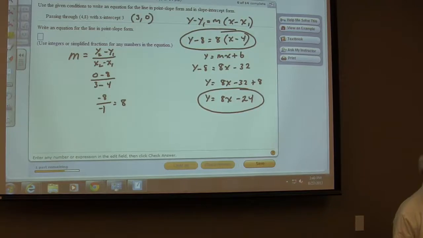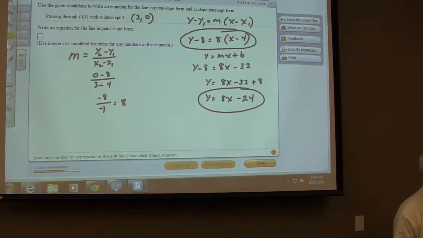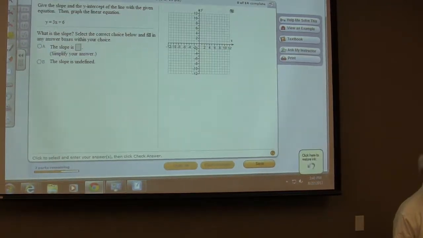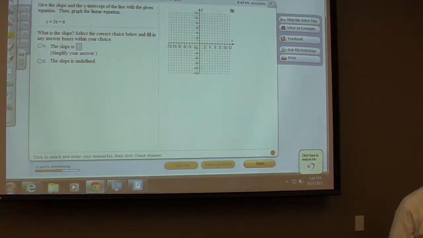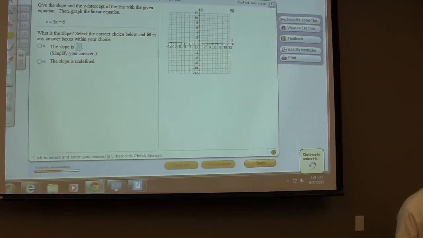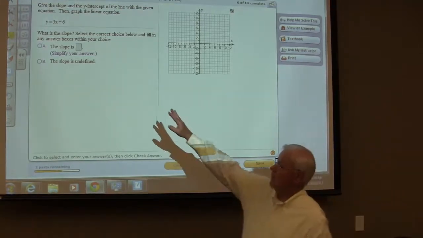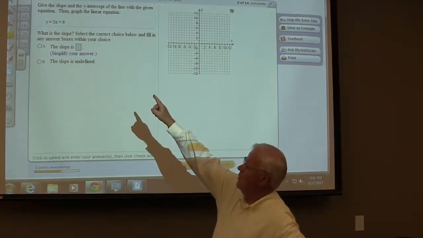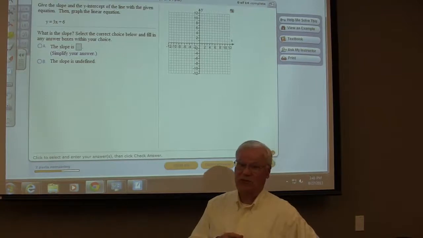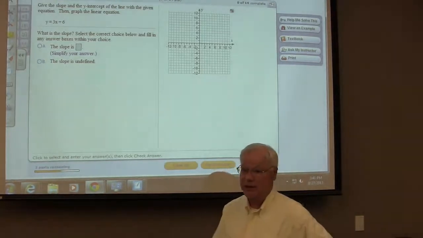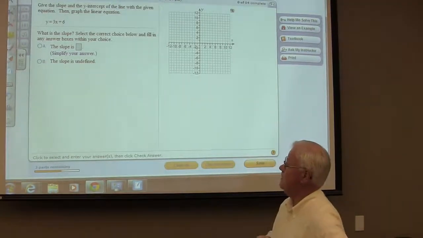Let's take a look at what this would look like if we were to graph it. First of all, from that last problem, we now know that the equation they gave us is in the form of slope-intercept, y equals mx plus b.